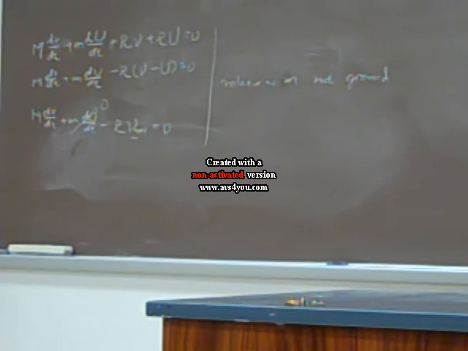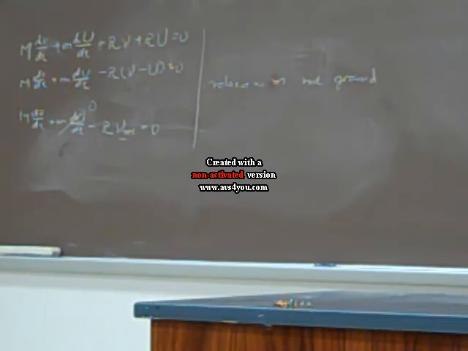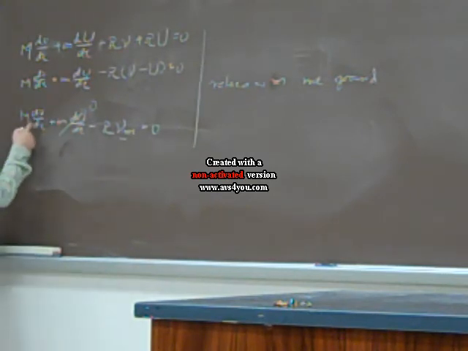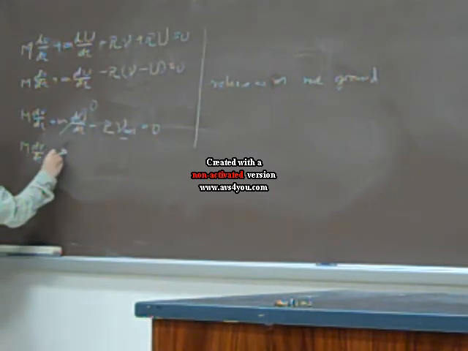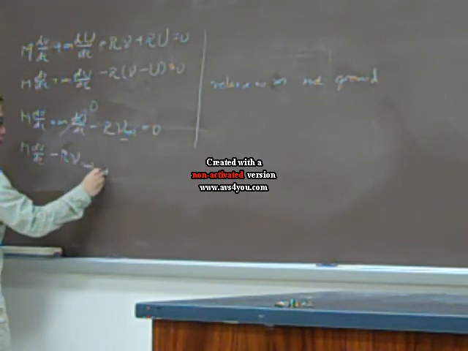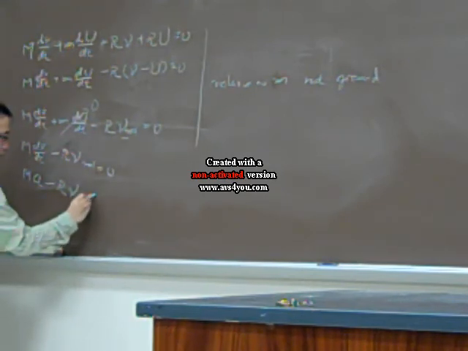So essentially, the reason why it's 0 is because relative to itself it's not moving, right? Okay. So we get m dv over dt minus r v relative equals 0. And this is capital M multiplied by a, minus r v relative equals 0.